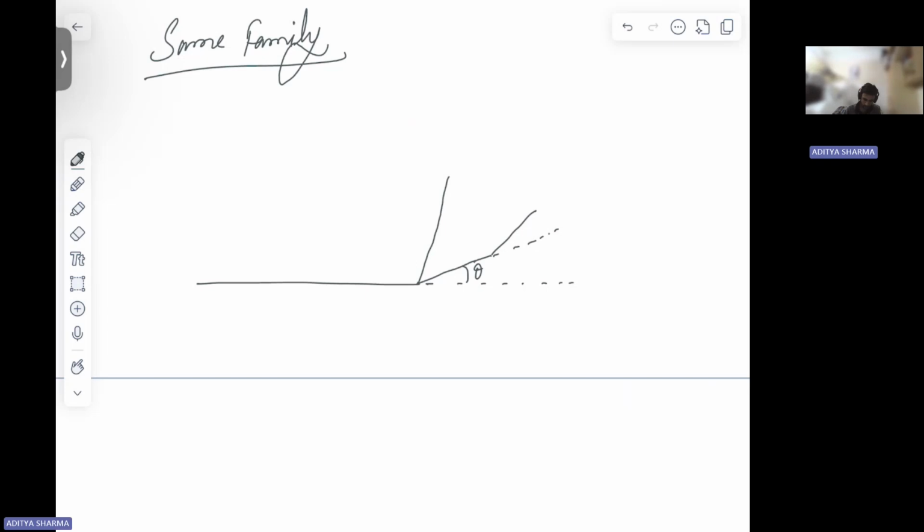This is one theta. This is another theta. It is like this. Then this is your reflected wave.